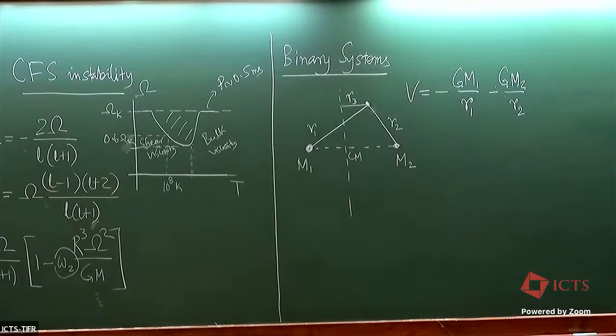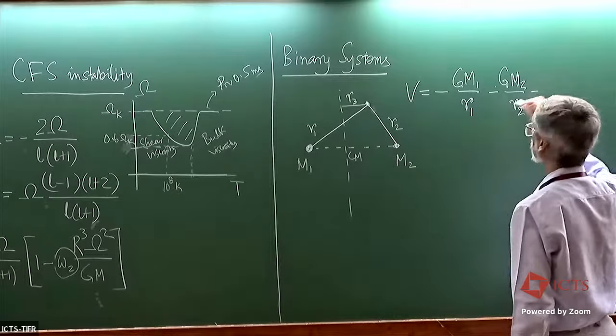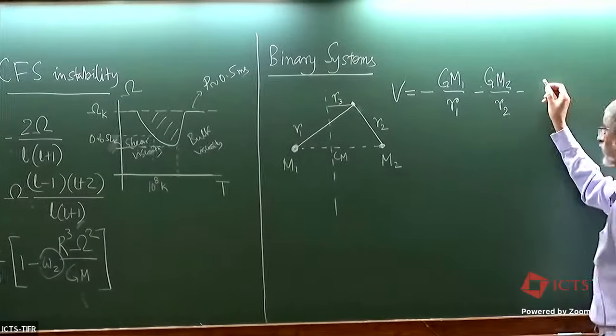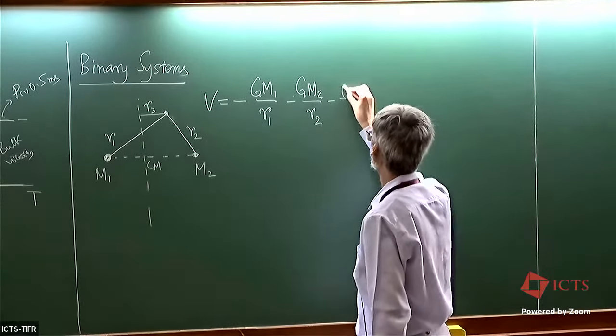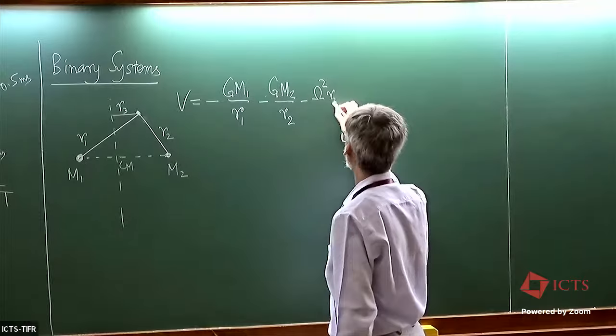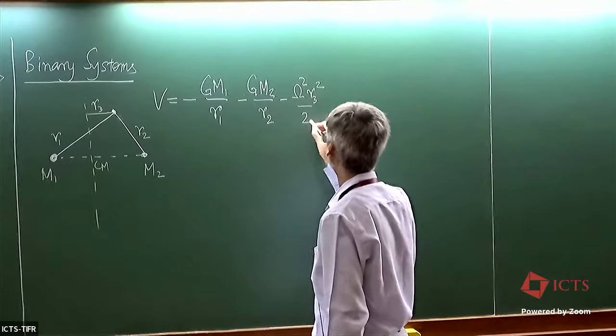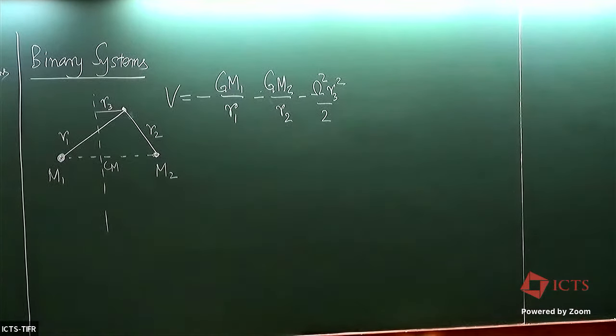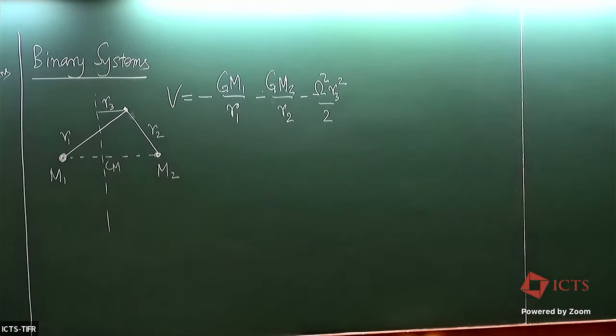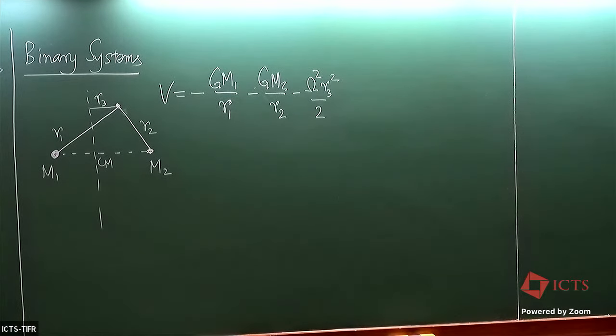So in addition to the gravitational forces, also centrifugal force is experienced. And in such a system, the centrifugal force can be written as the gradient of a potential, which is omega squared R3 squared by 2. This form of potential is known as the Roche potential.